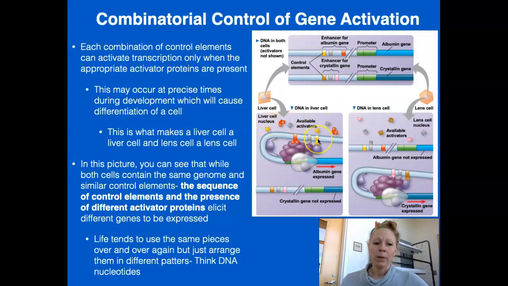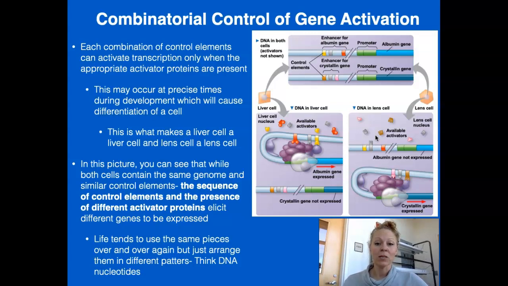This is what makes a liver cell, and this is what makes a lens cell. We can see that we have the same control elements, they're just in a different order. The types of activators that are available to bind is going to indicate when and what will be expressed.